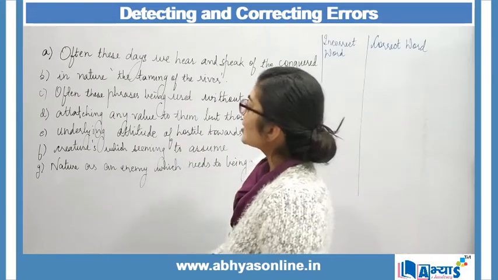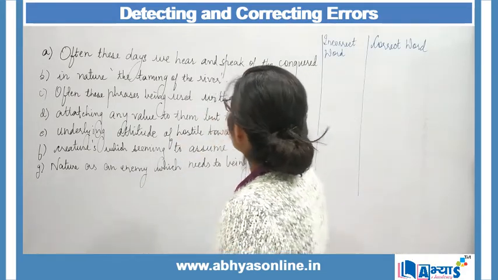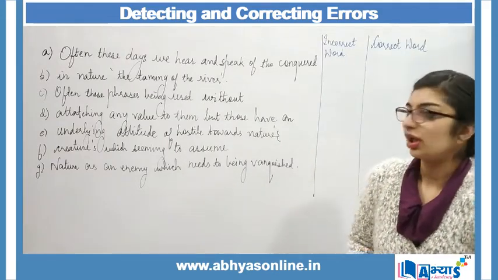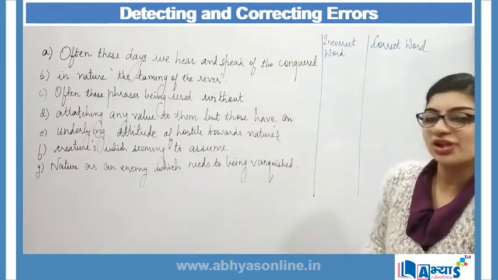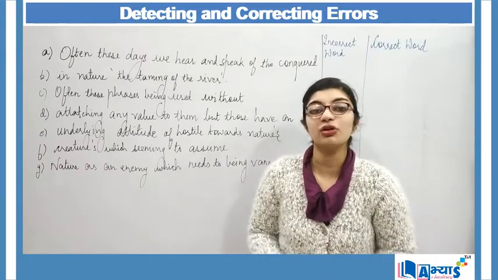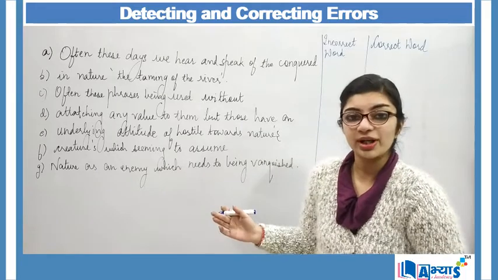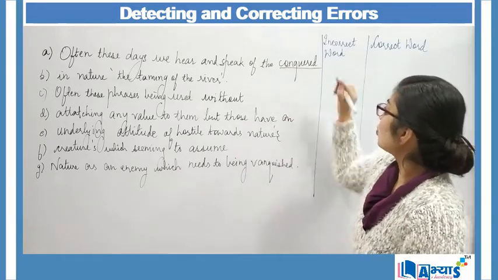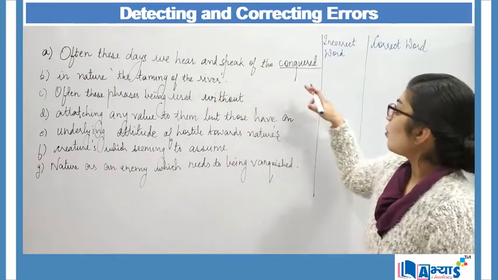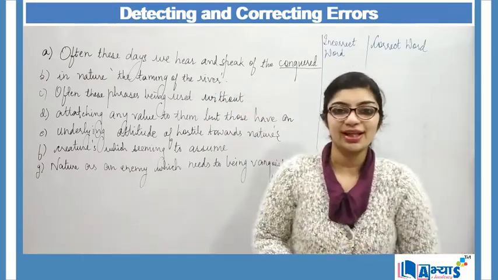The first line says that often these days we hear and speak of the conquered in nature. Now conquered in nature, I don't think that this makes a correct sentence. It does not make sense, it does not form a correct sentence. So here conquered is wrong. We hear and speak of the contest in nature.